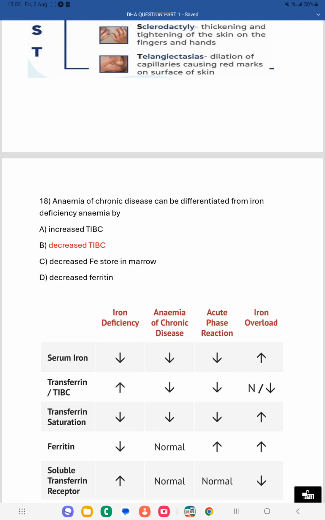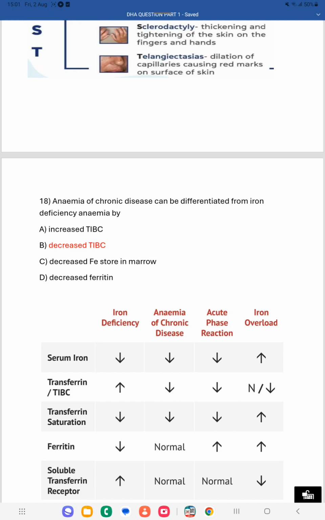As a part of this inflammatory change, whatever iron is circulating in the blood will be used for the inflammation purpose. In anemia of chronic disease, due to the chronicity of the disorder, whatever iron is circulating in the blood will be used for the inflammatory response.